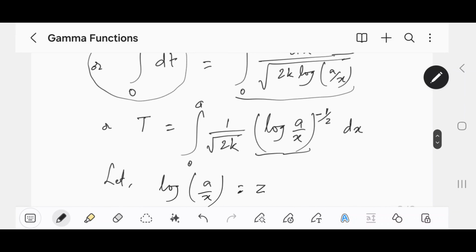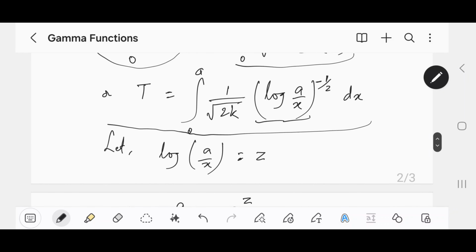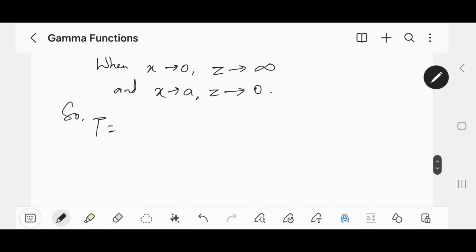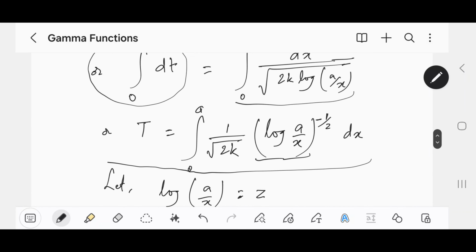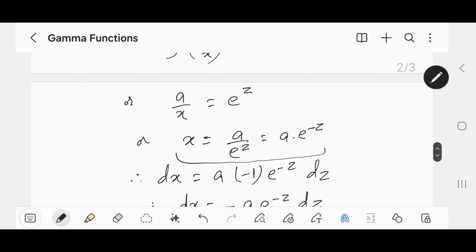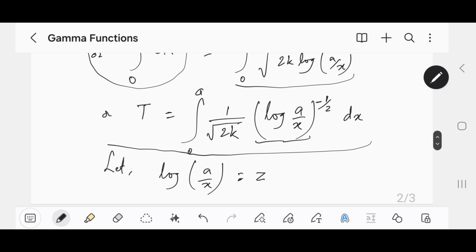Now let's go back to the integral. T equals 1 by root under 2k integration. Now the integration limits are changed. At first, let's write all of the things.